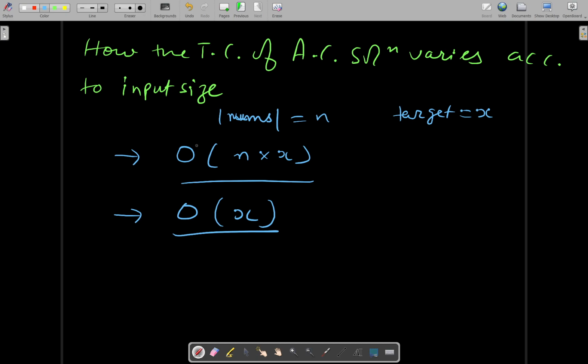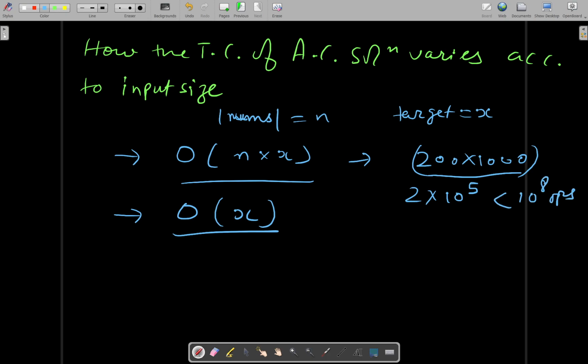Since n here is of order 200 and x is of 1000, it will be 2 into 10 raised to power 5, which is less than 10 raised to power 8 operations. This is the limit. So your solution will be accepted.